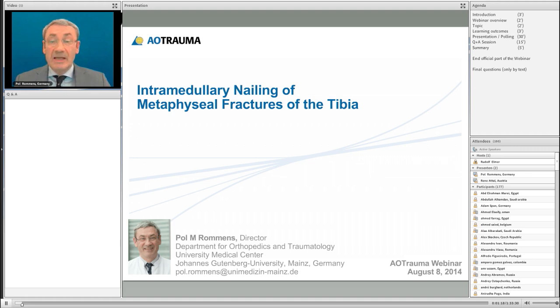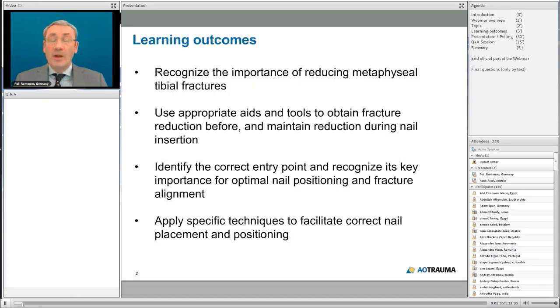The title of today's webinar is Intramedullary Nailing of Metaphyseal Fractures of the Tibia. What are the learning outcomes? We should recognize the importance of reduction of the metaphyseal fracture before we start nailing. We should use appropriate aids and tools to obtain this fracture reduction before, and also maintain this reduction during nail insertion.